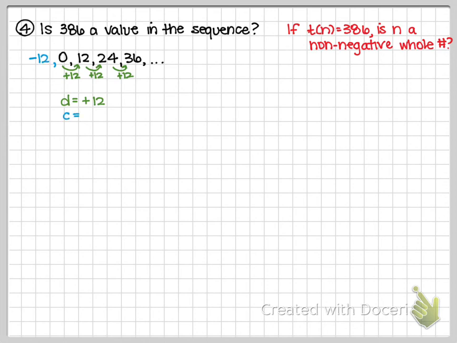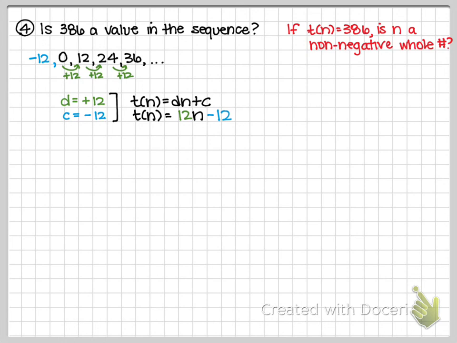So c is equal to negative 12. All right, let's write our equation here. So t of n, again, is equal to dn plus c. Keep the t of n and the n, and let's plug the other numbers in. So the common difference was 12, and negative 12 is the starting value.